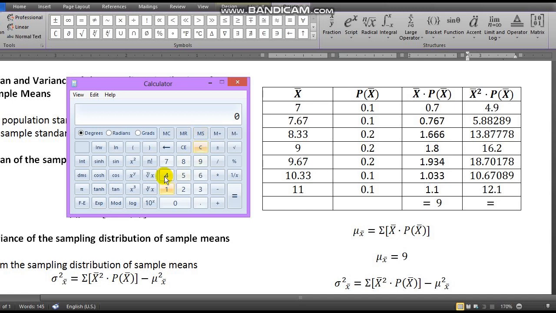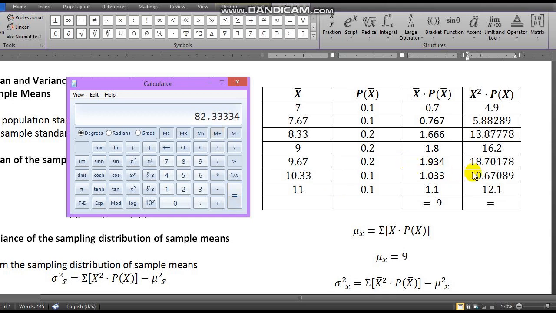Let's recheck. 4.9 plus 5.88289 plus 13.87778 plus 16.2 plus 18.70178 plus 10.67089 plus 12.1.